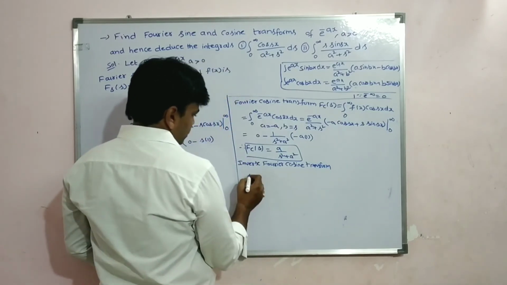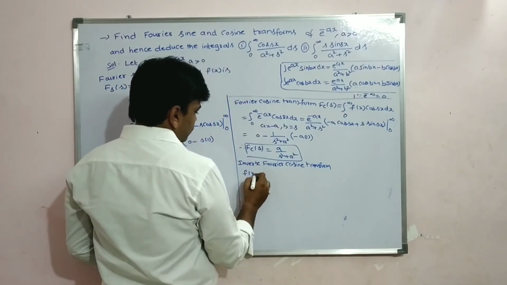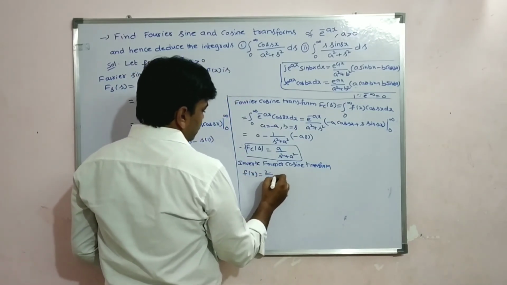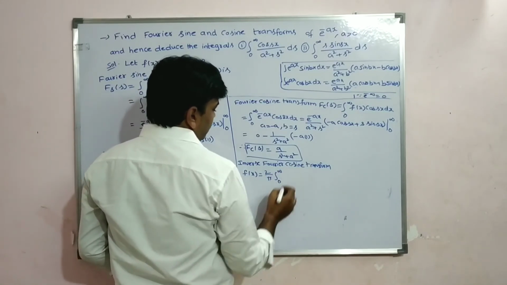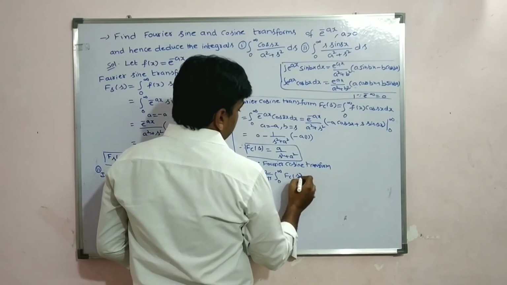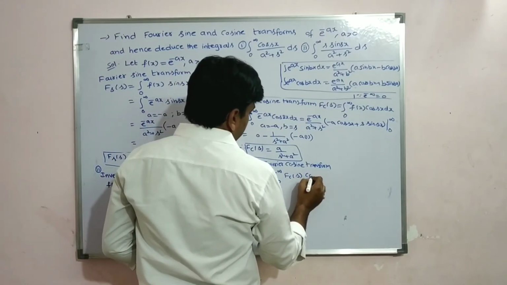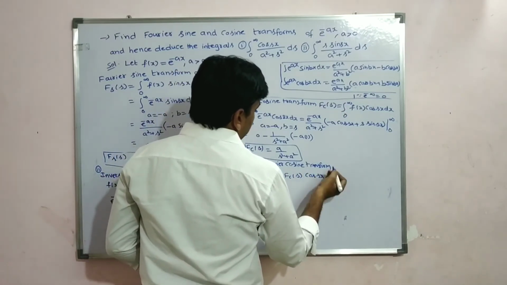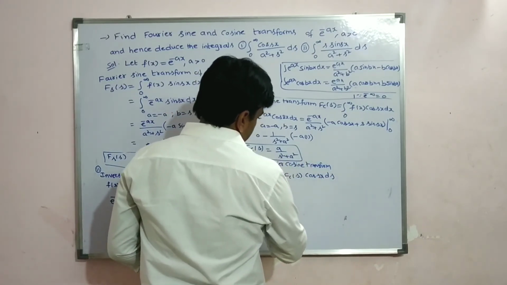What is the formula? f of x is equal to 2 by pi integral 0 to infinity Fc of s cos sx ds.